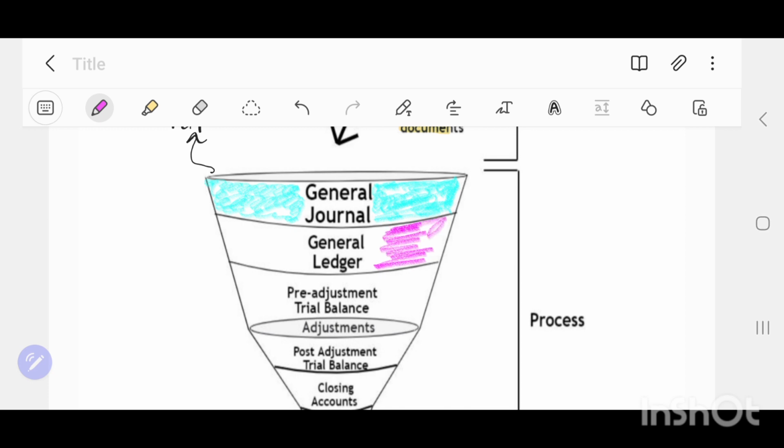In a general ledger, we take the total or the balances of all the accounts that are the same. We take the balances of all the transactions that relate to the same account, and then we want to understand how much was paid for that particular type of transaction, or how much was received for that particular type of account for a particular month.